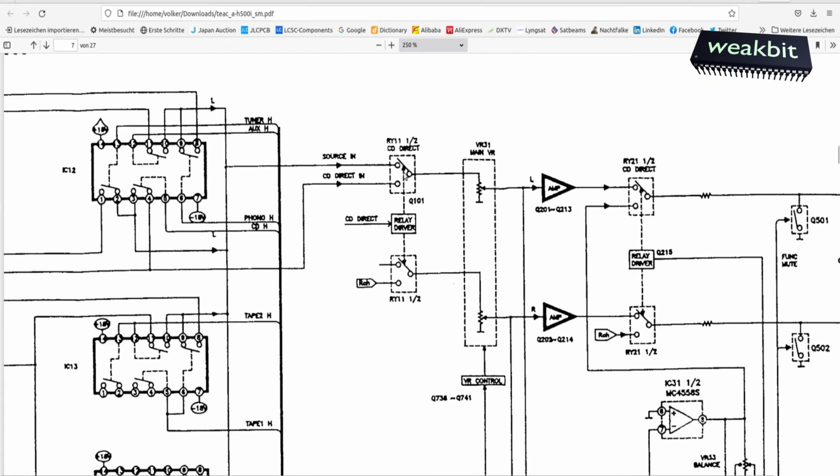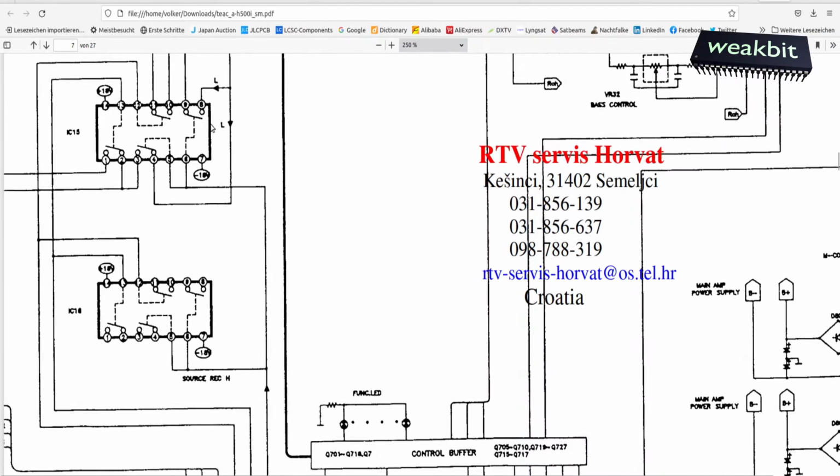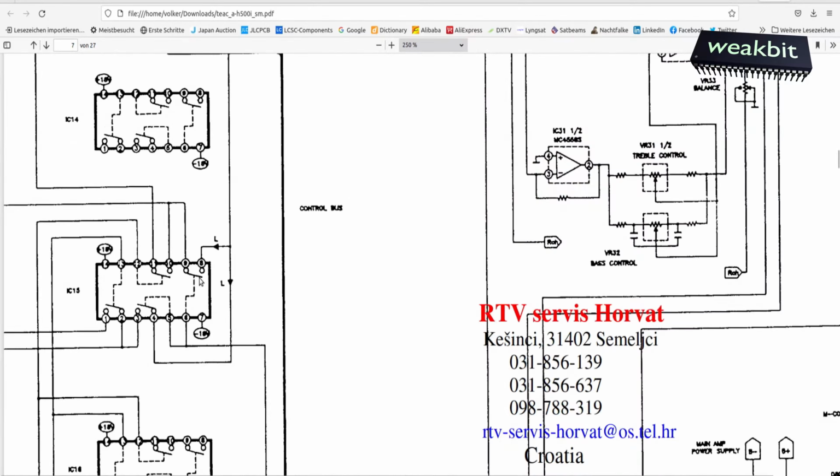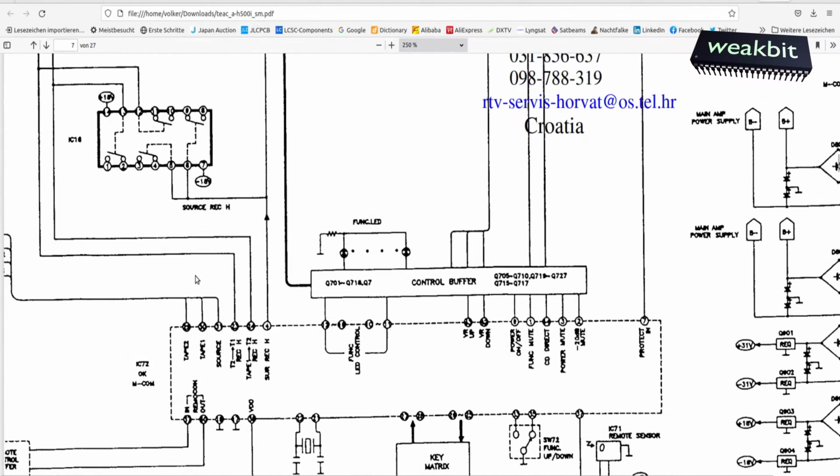And if the noise is gone, that means it comes from the source in. And these source inputs are leveled here to these ICs. I saw that these are 4066, but it's 4966. And here we have a lot of these switchers. These are fade switchers. If we can change 2, 3, 5, we can change all 5. And then I think it's gone.